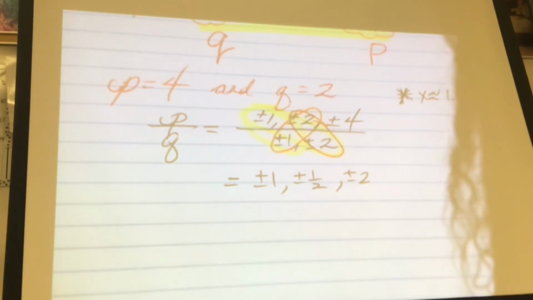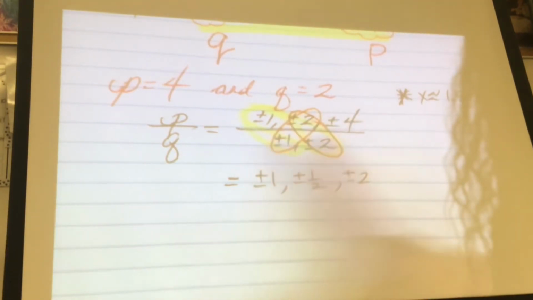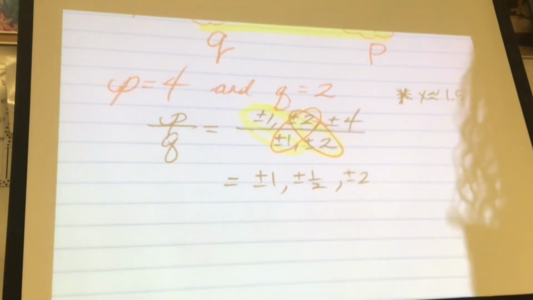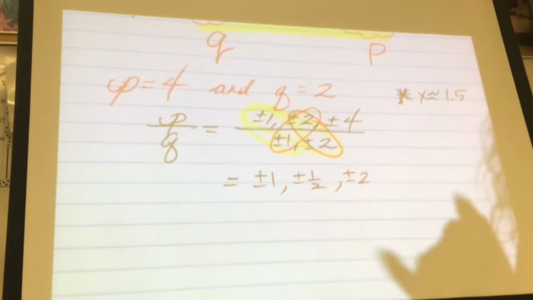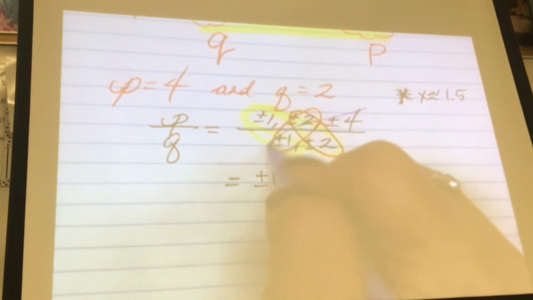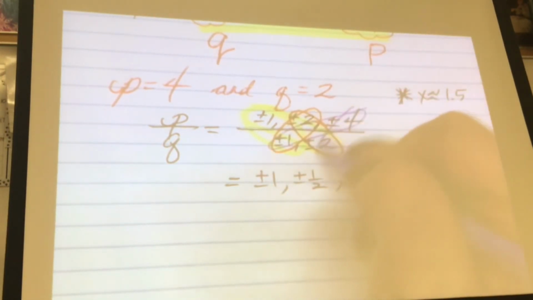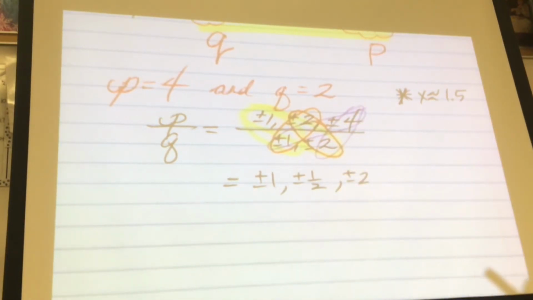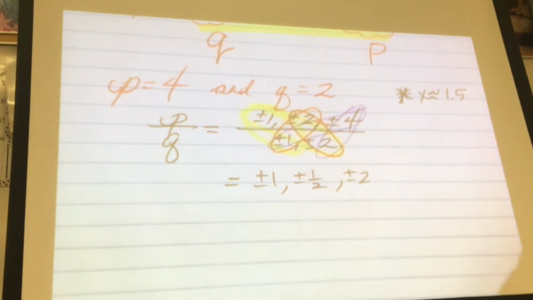Okay, last one. 4 divided by 1 and then 4 divided by 2. So you get plus or minus 4, and then you already have that plus or minus 2.